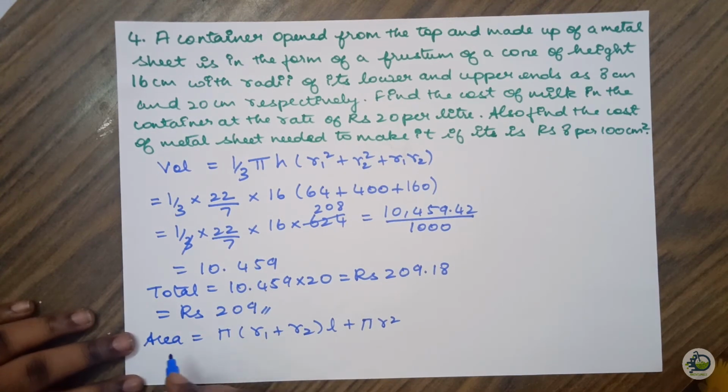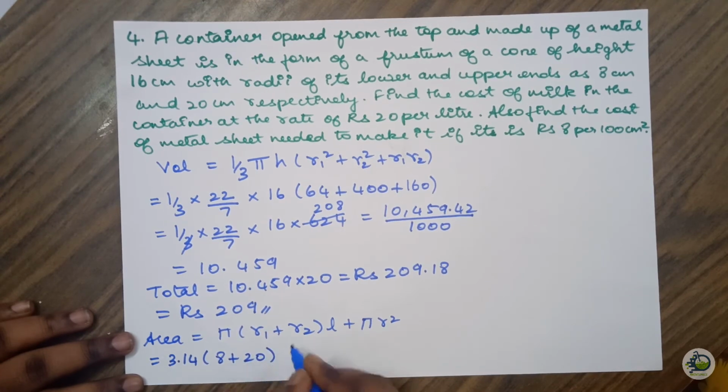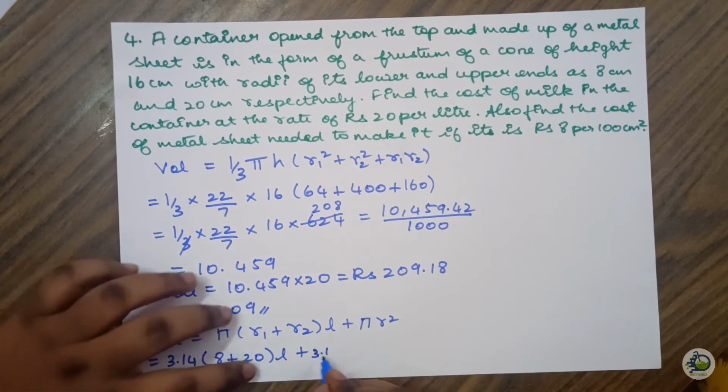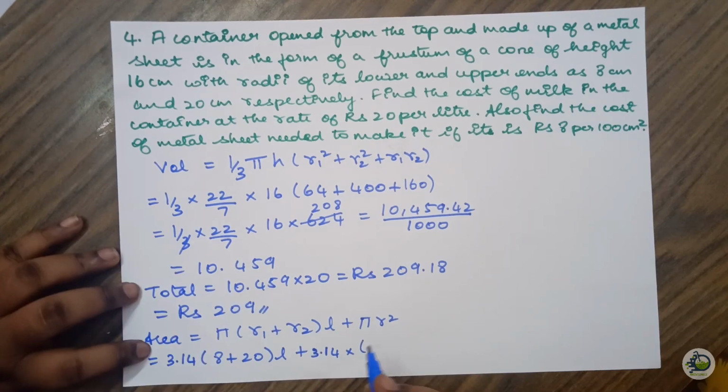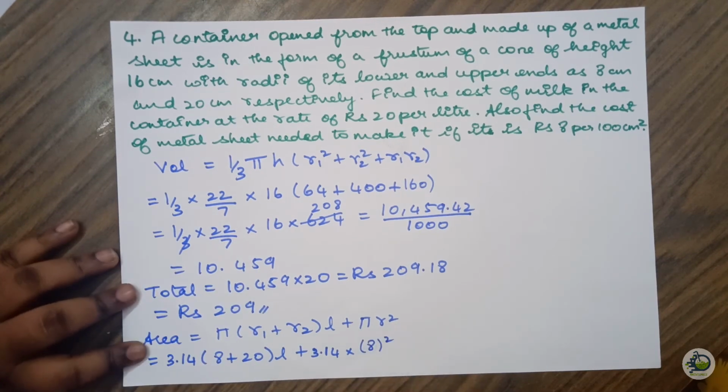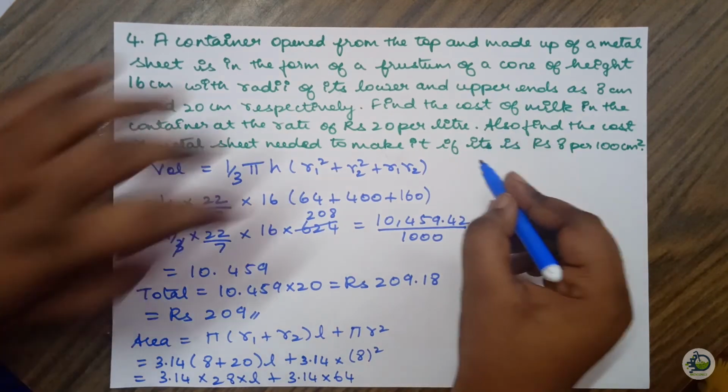When we substitute, instead of pi we can substitute 3.14 into (R1 is 8 plus R2 is 20) into L, which we have to find, plus 3.14 into R square. For R square it is the lower radius, which is 8 square. So 3.14 into 28 into L plus 3.14 into 64.